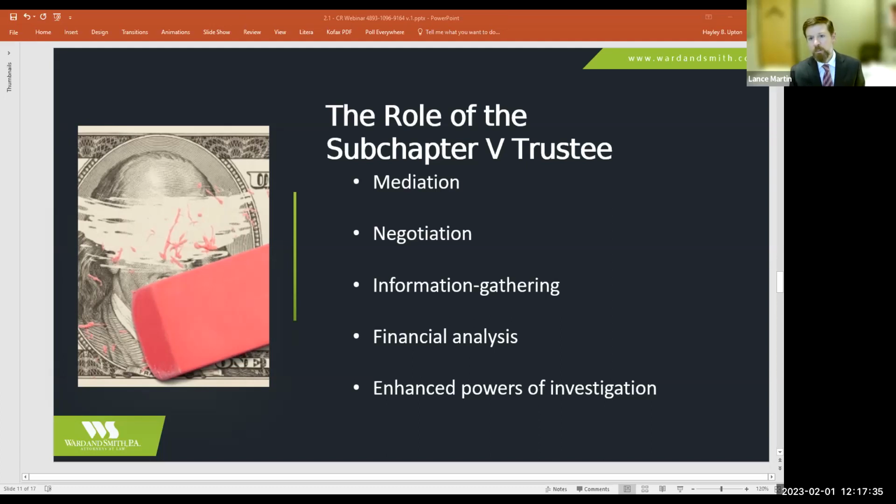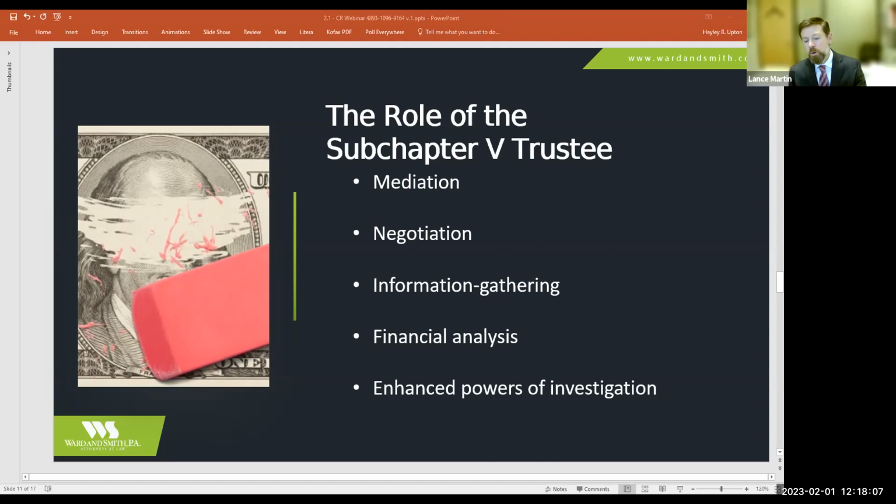You don't want to blow him or her off lest he or she report that to the court, which is going to put you in a bad light when you start making your arguments for or against confirmation. The trustee is paid by the debtor. So the debtor's plan has to provide for means of payment for the trustee.